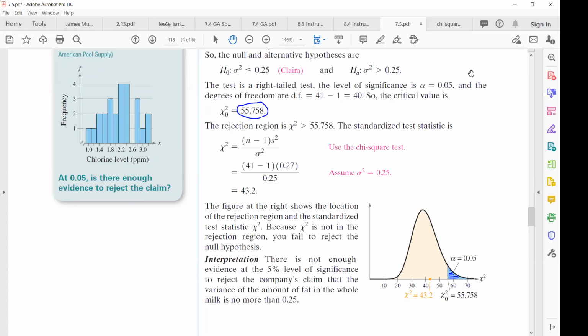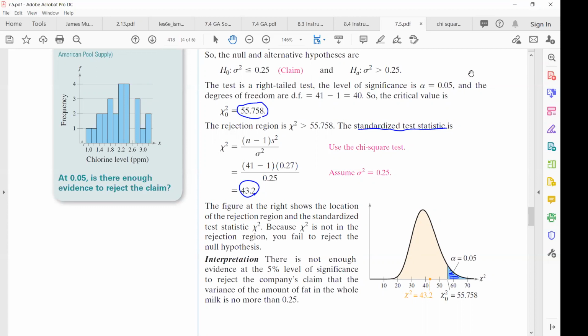Perfect. Next step is to find the standardized test statistic. Chi-squared is n-1, S squared over sigma squared. 41 minus 1 times 0.27 divided by 0.25 gives you 43.2. 43.2 is less than 55.758.